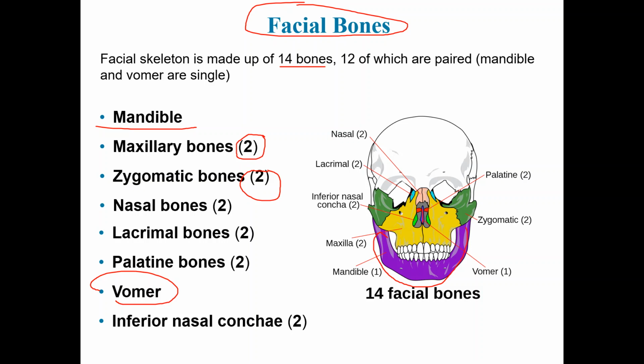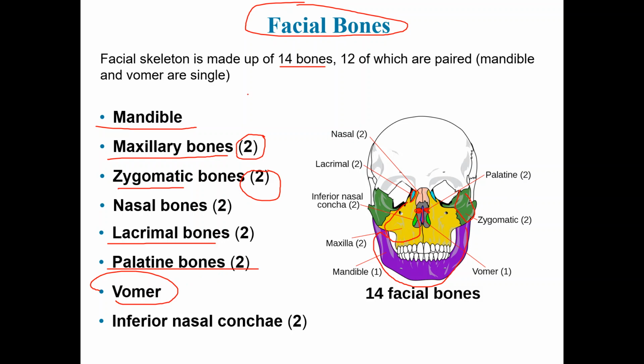The rest of them all come in pairs, starting from the maxillary bones, over here in yellow, the zygomatic bones in green over here, the lacrimal bones, which are these ones highlighted in azure or light blue, and lastly the palatine bones, which are these two small bones over here.